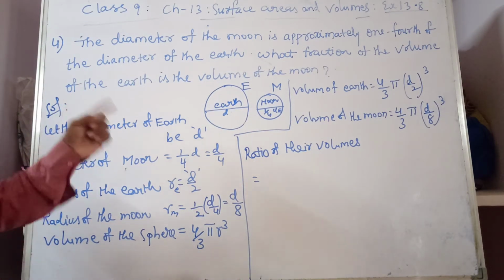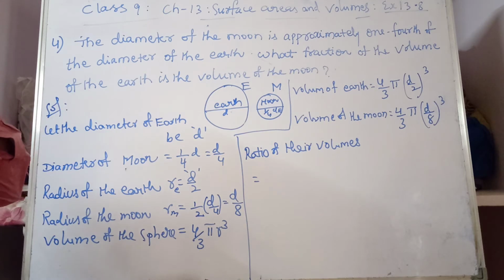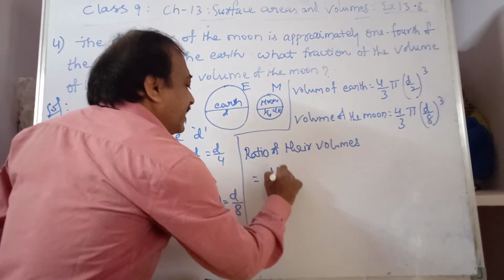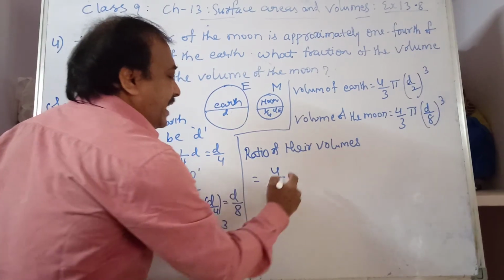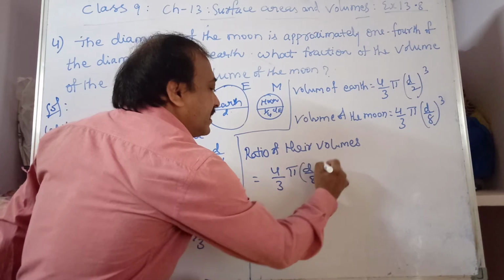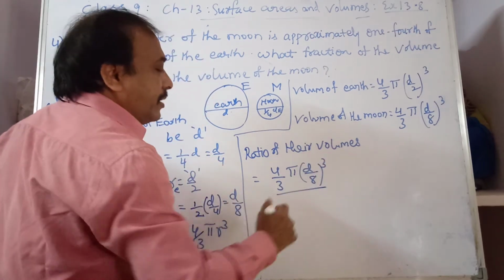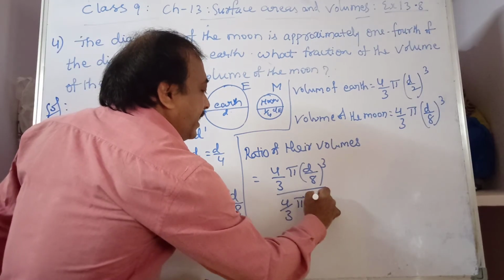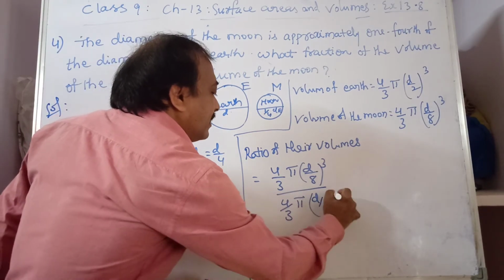He is asking what fraction of the volume of the earth is the volume of the moon. So first we write 4 by 3 pi d by 8 whole power 3 by 4 by 3 pi d by 2 whole power 3.